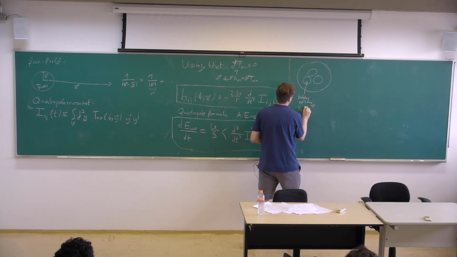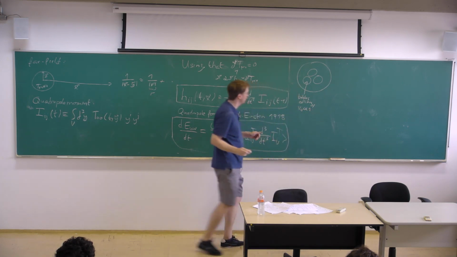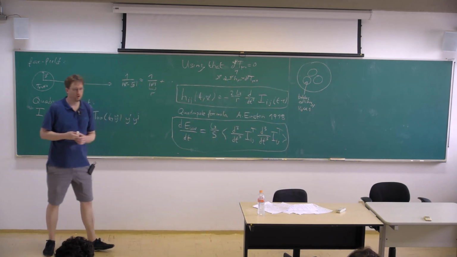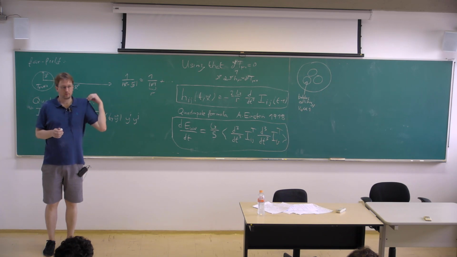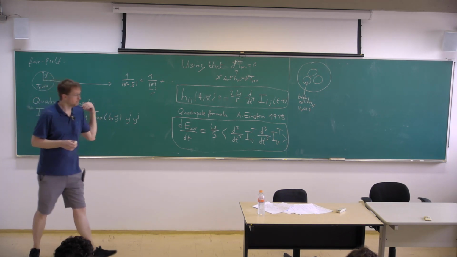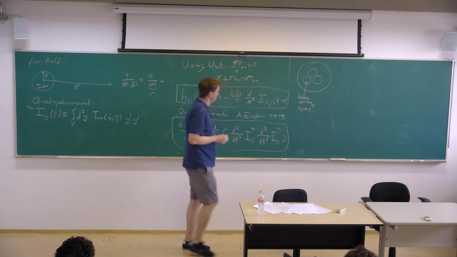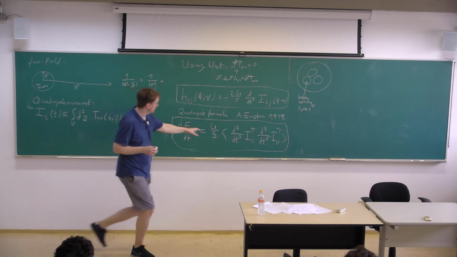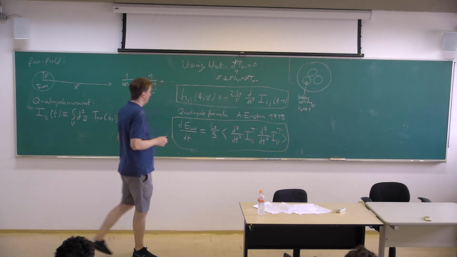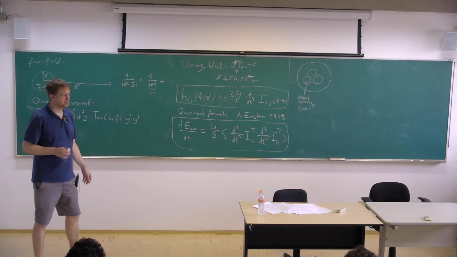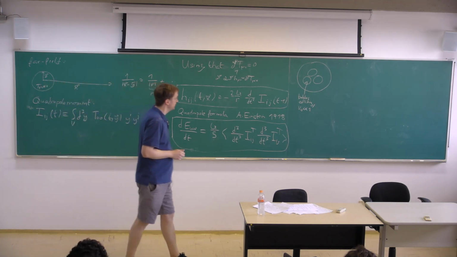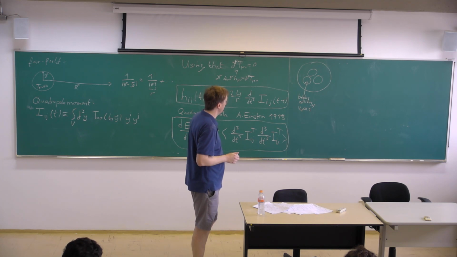Later we can just extrapolate to the ultra-relativistic case, but for now just assume that the bubble wall velocity is much less than the speed of light. Okay, and now I want to use this formula to estimate how much energy is generated in this process in the form of gravitational waves.